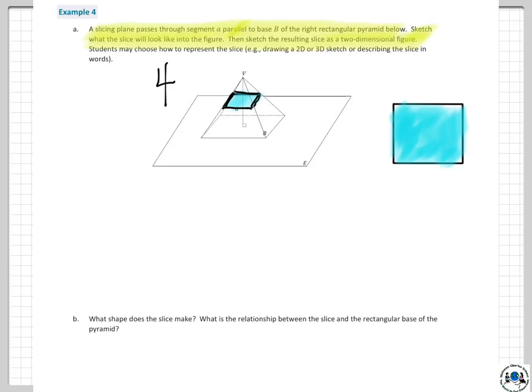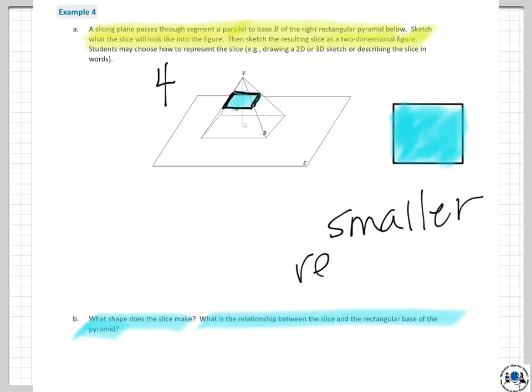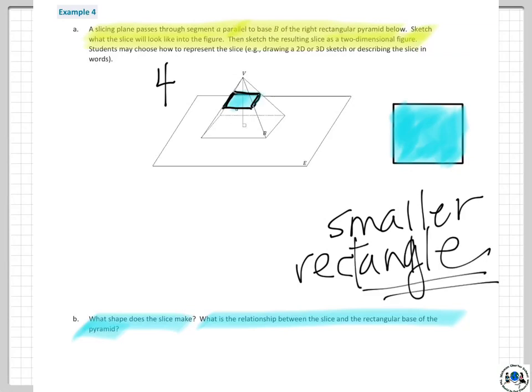And B asks you here, what shape does the slice make? And what is the relationship between the slice and the rectangular base of the pyramid? Well, of course, we can see the slice is actually just a smaller rectangle. That's the shape it is.